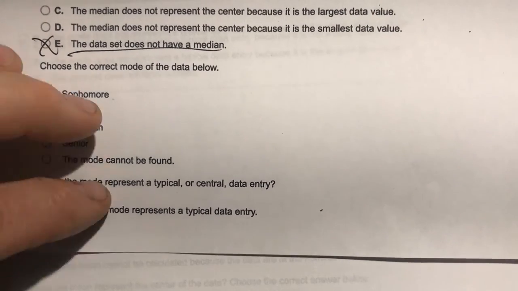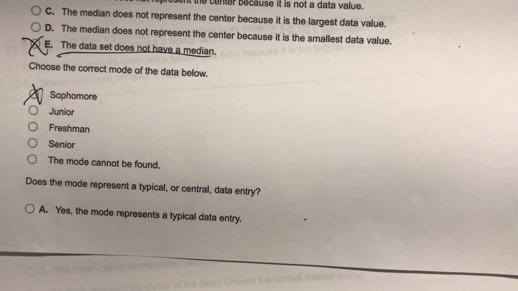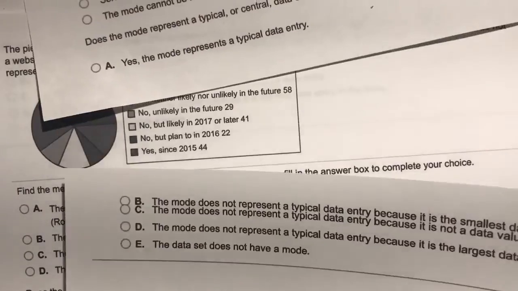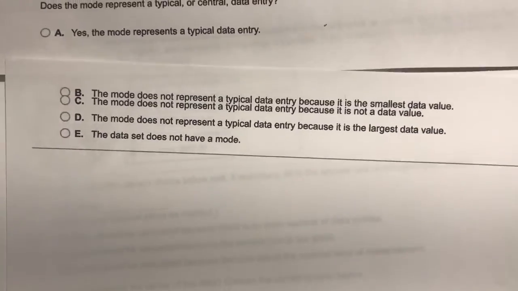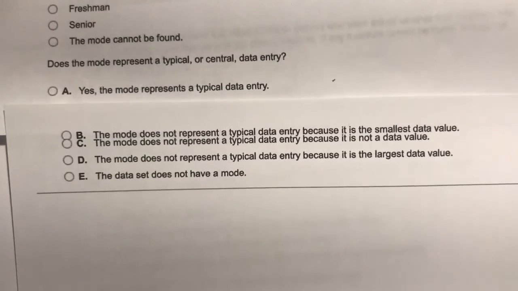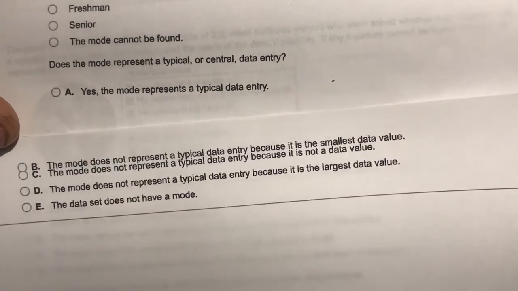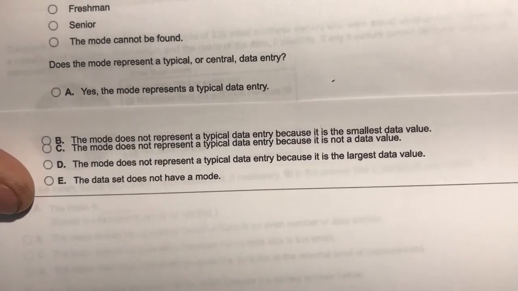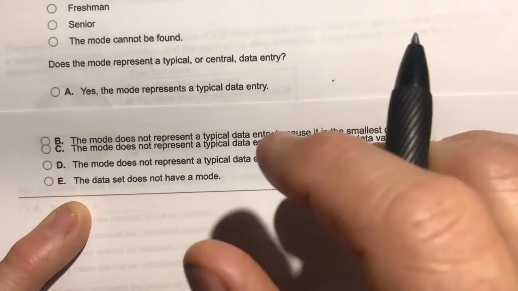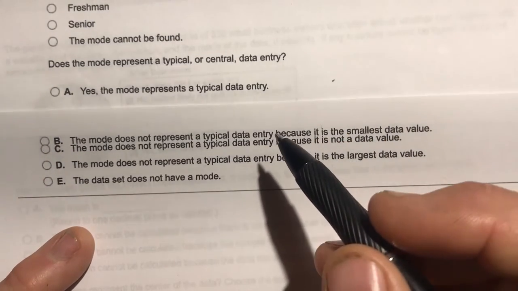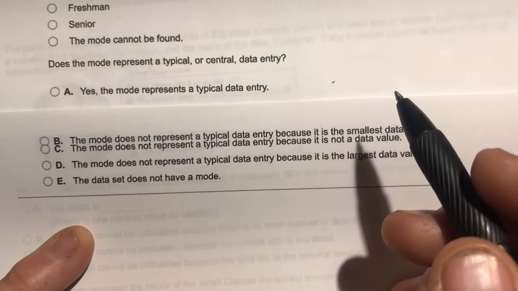Now, my paper here, the question ran off into the next part, so let's see if we can put this together. Does the mode represent a typical or central data entry?